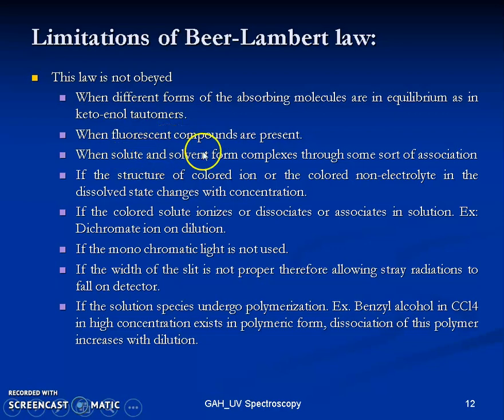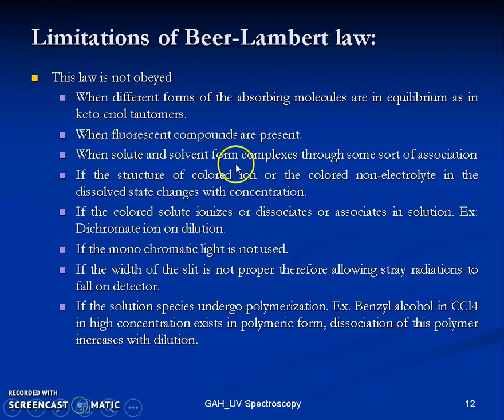When solute and solvent form complexes through some sort of association, this is also very crucial. The solvent you have taken to dissolve the solute should not have any sort of chemical interactions with the solute. If the solvent is interacting with the solute and forming some bonds, that ultimately results in a difference in the structure of the solute.